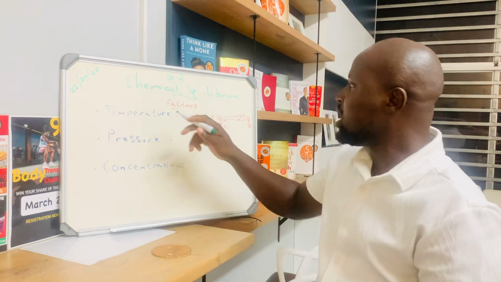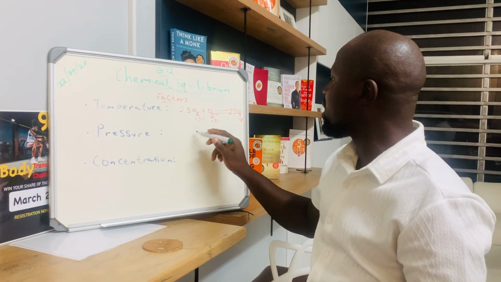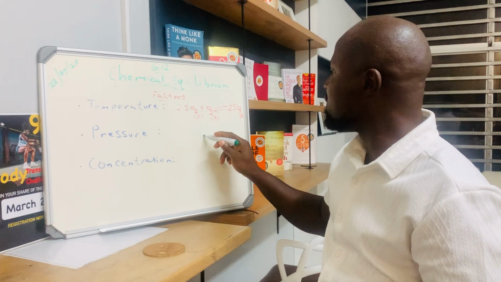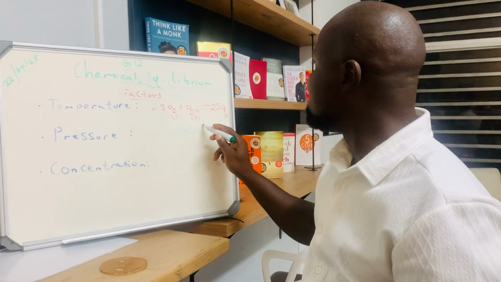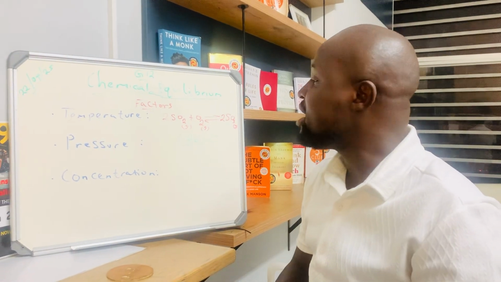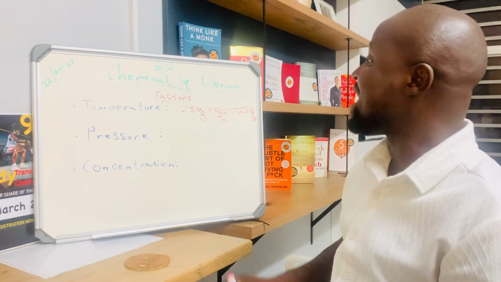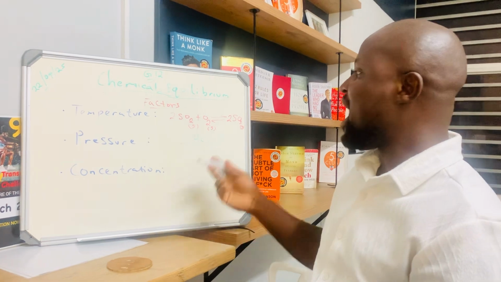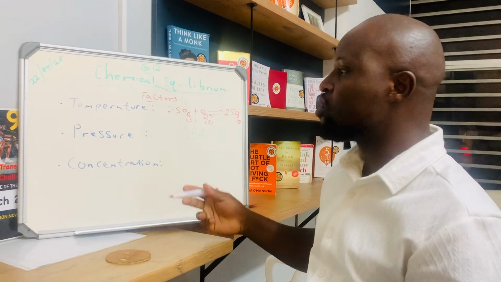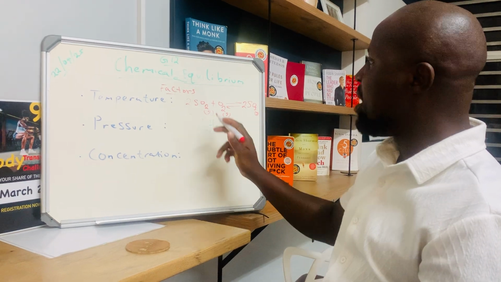For instance, there is a sign that we use to know these factors. The first one, in temperature: if the change in temperature, for instance the change in heat, is less than 0, it means heat is released from the system. It's an exothermic reaction. By the way, it must be a balanced reaction.